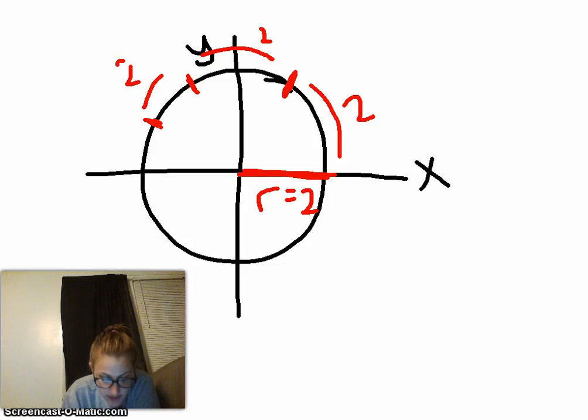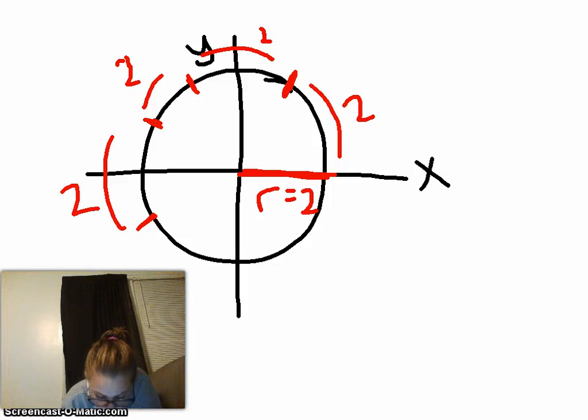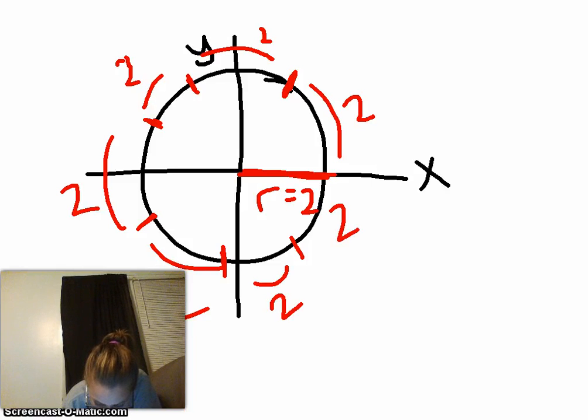I'm just estimating here, it's not exact. This is 2, 2, and 2. Since my radius was 2, I broke up the arc of my circle into pieces that are also a length of 2.